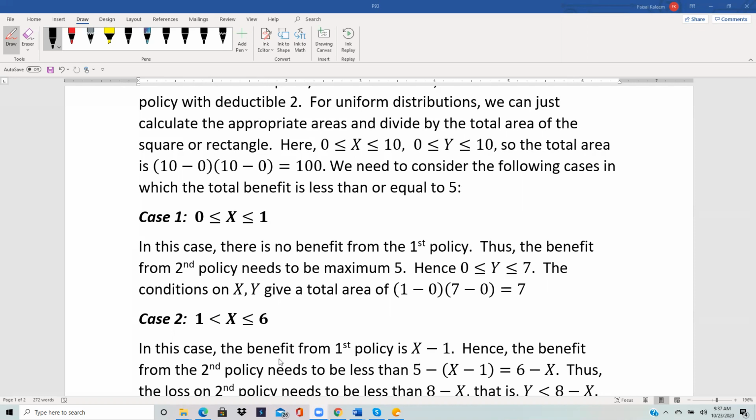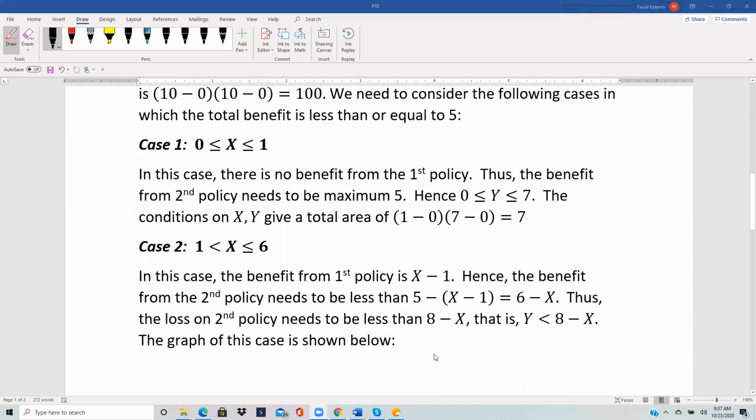In this case, the benefit from the first policy will be X minus 1, right? Because the deductible is 1, and the loss is X. And the total benefit needs to be less than 5, so the second policy benefit needs to be less than 5 minus the first policy benefit.